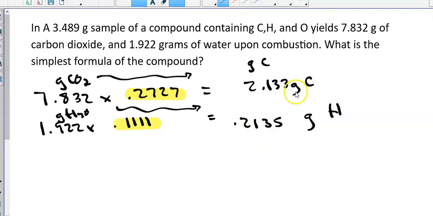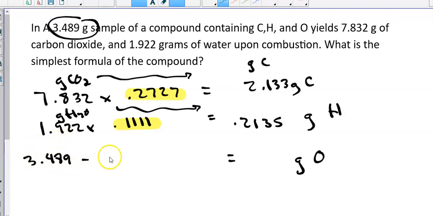That gives you the grams of carbon and the grams of hydrogen, but we need to know the grams of oxygen too. To do that, you take the initial number given, 3.489, and subtract the sum of these two numbers, 2.133 plus 0.2135.